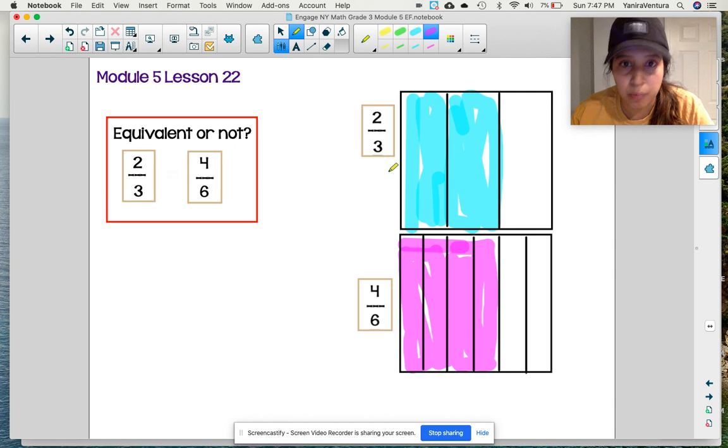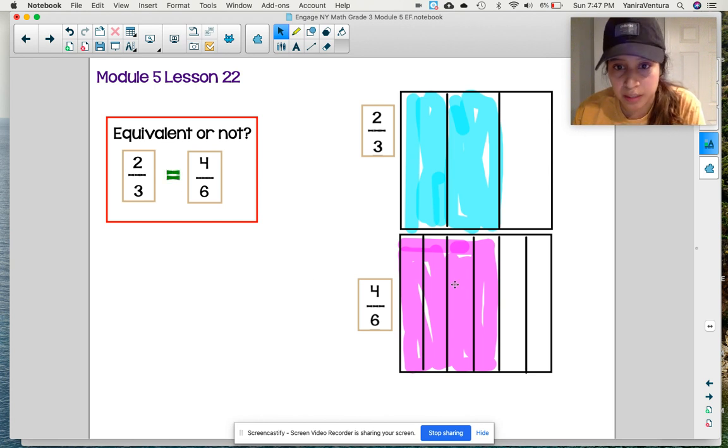And then you have it. We shaded in 4/6. So when we compare these two fraction models, we can see that 2/3 and 4/6 take up the same amount on the fraction model. And we can say that 2/3 is equivalent to 4/6.